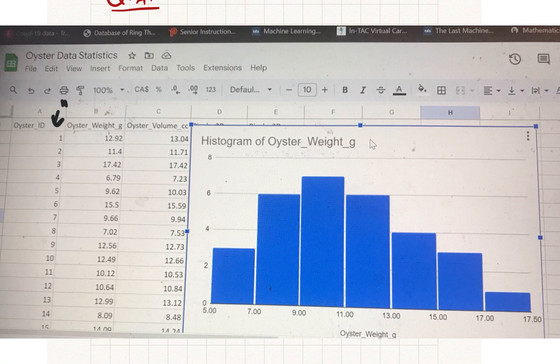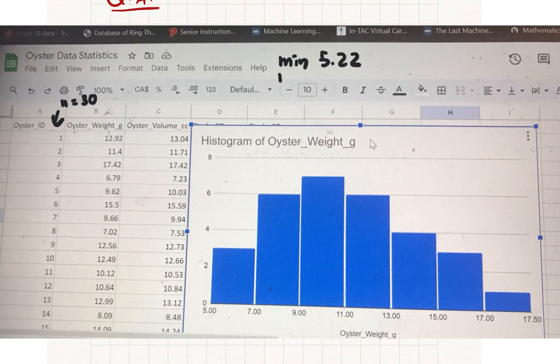So n is 30. This is just a picture of the data system. I can't really scroll, but I can say that the minimum element is in row 19, oyster ID 19, and that is 5.22.